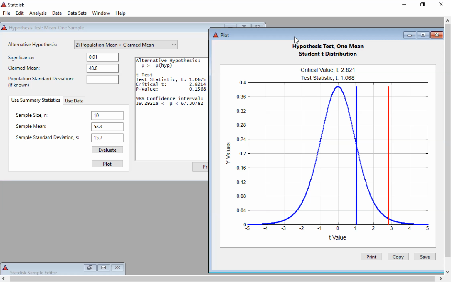We got a result consistent with that. Looking at our p-value, it's 0.1568. So yeah, it's definitely not going to be less than our significance level. So let's take these back over.